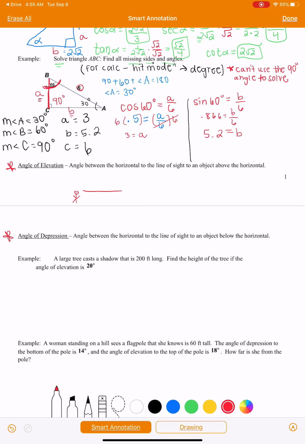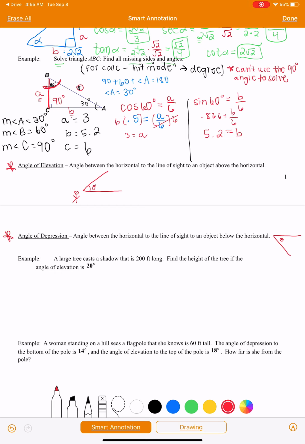And then if we were to look up at something, our eyes would then go up and create this angle of elevation here. And so notice that angle was created by a line going up from the horizontal, whereas angle of depression would be an angle created downward from the horizontal line.